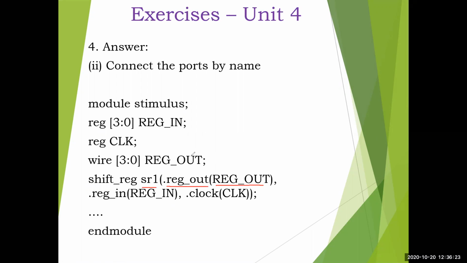That means this module's register out value will be passed to the register out of the shift register. Similarly register in, clock. I have used the ordered list only, but you can change it. The name format is dot, then the signal of your shift register, and then the name used in this variable, which you write in the brackets. End module.